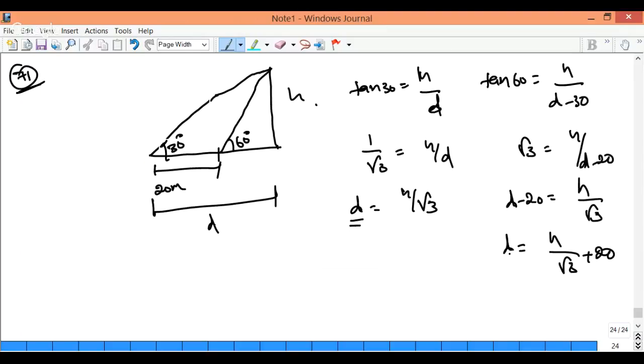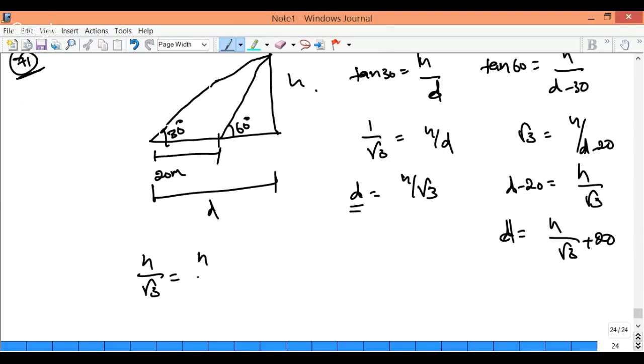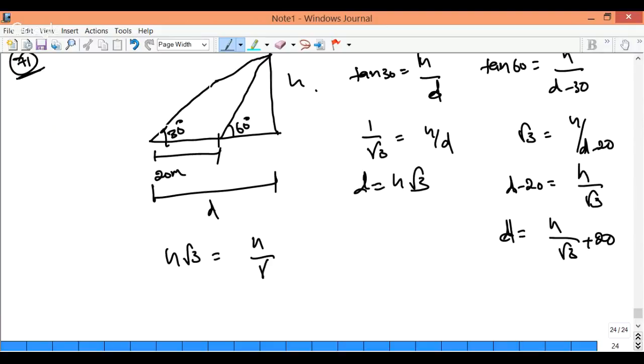Now equate this to the d value because the distance is constant here. Sorry, this is h root 3. This is d is equal to h root 3. H root 3 is equal to h by root 3 plus 20.